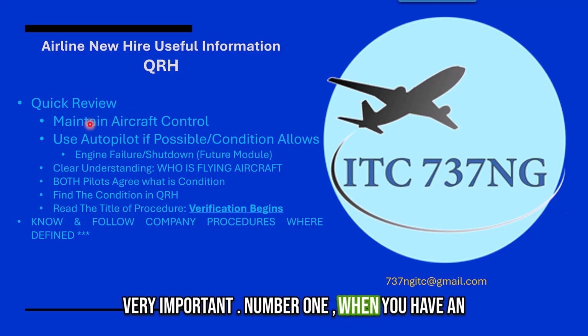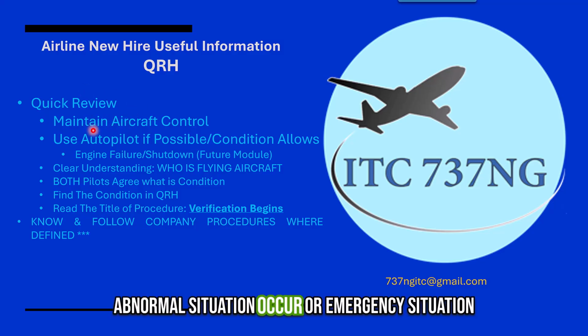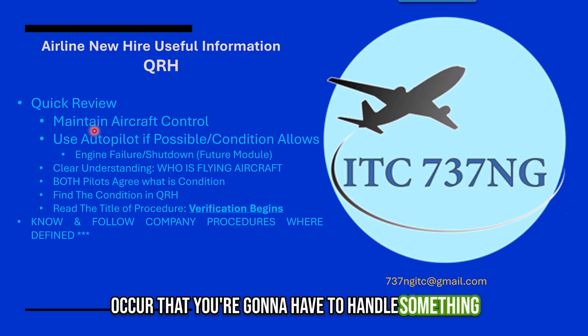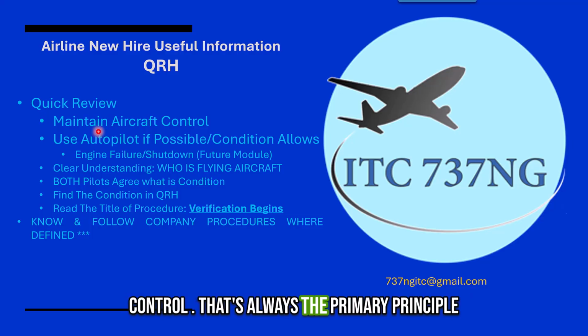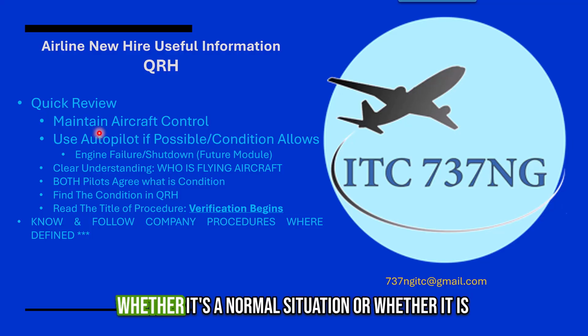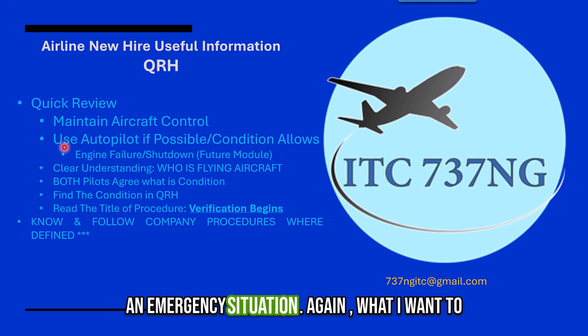Number one, when you have an abnormal situation or an emergency situation occur that you're going to have to handle out of the QRH, number one is maintain aircraft control. That's always the primary principle, whether it's a normal situation or an emergency situation.